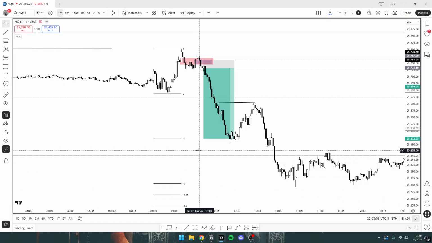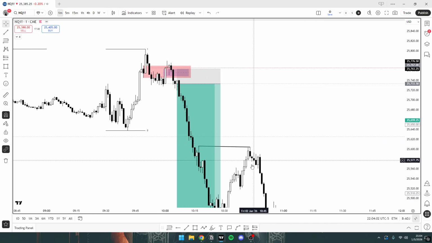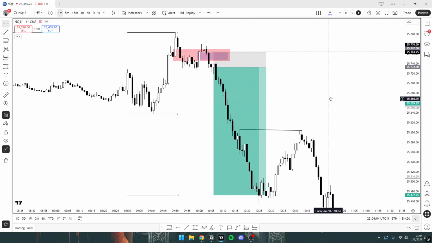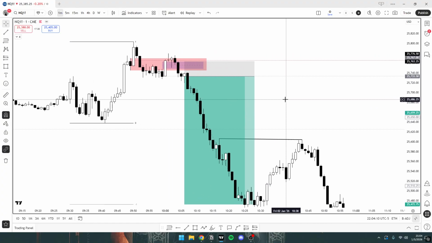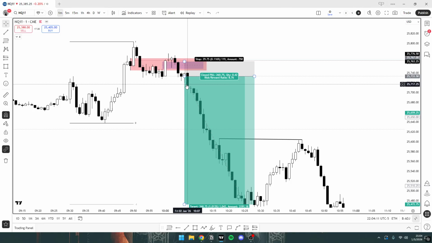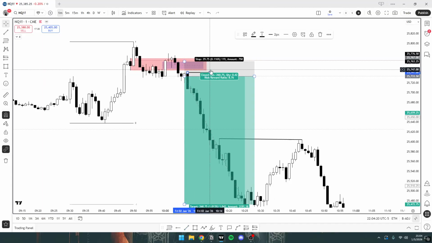But this is in a perfect world. Anyway, I would limit 10 a.m., stop loss according to order flow, and whenever we form this order block and we see some displacement candles, I would trail the stop to this high right here.